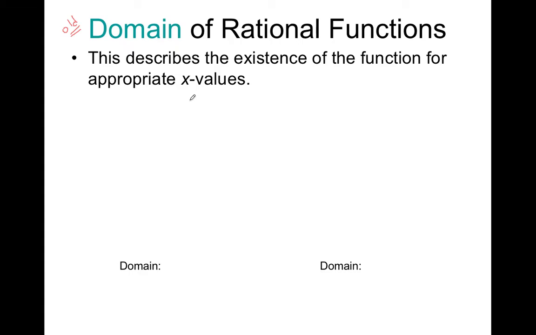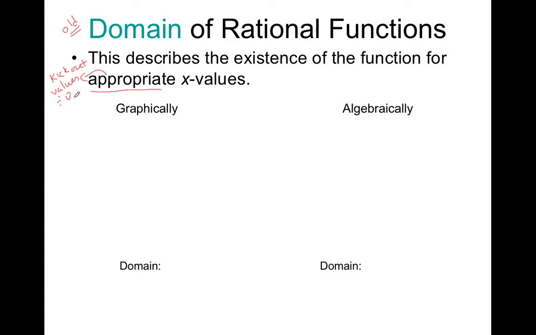Remember, the domain describes the existence of a function for all appropriate x values, right? You have to kick out values that make you divide by 0. Since the rational function is only a ratio of two polynomials, you're not going to have any square roots, right? So you're only worried about dividing by 0.